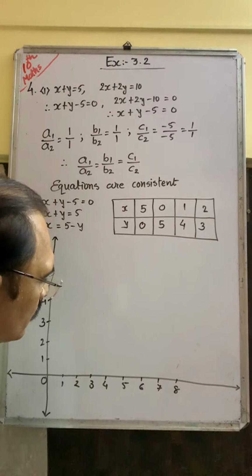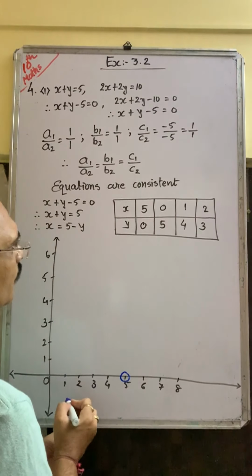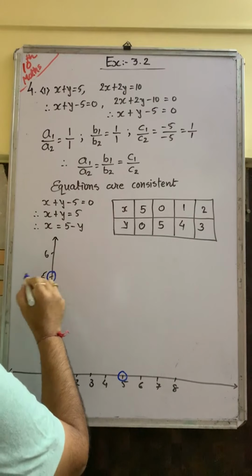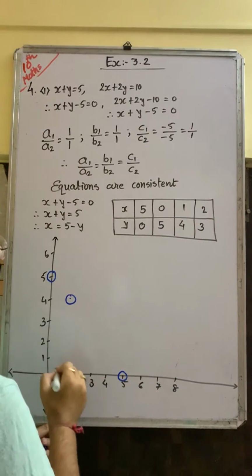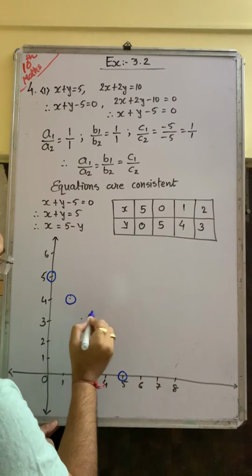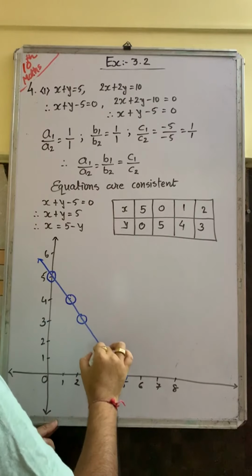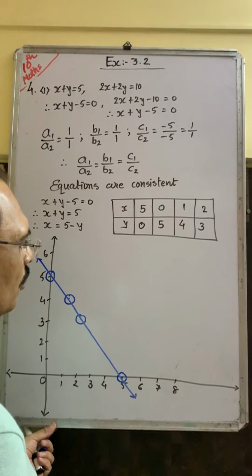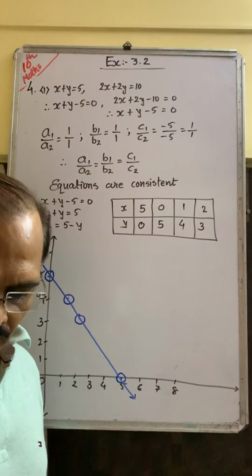See, x coordinate is 5 and y is 0. Now x coordinate is 0 and y is 5. Here 1, 4 and 2, 3. So your graph is a line, like this. You can write the equation has infinitely many solutions. Is it okay? Now second.